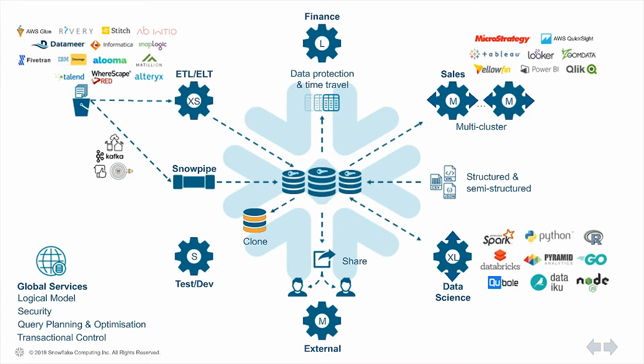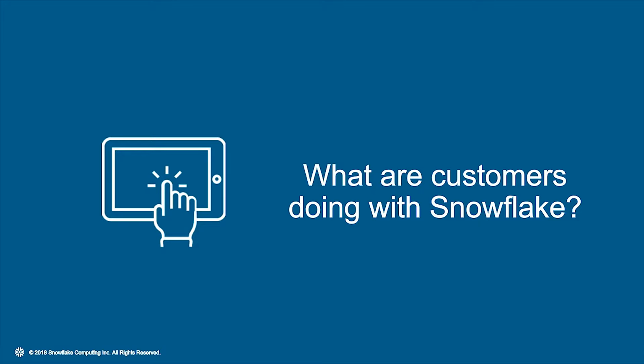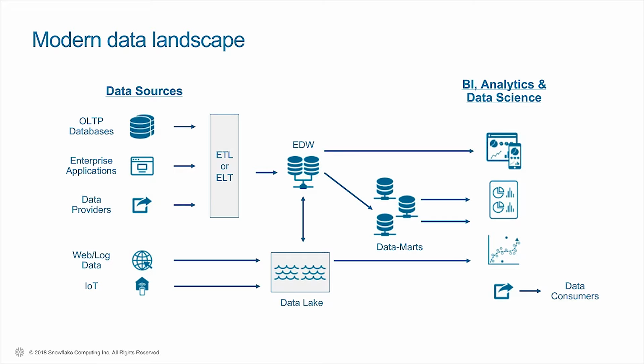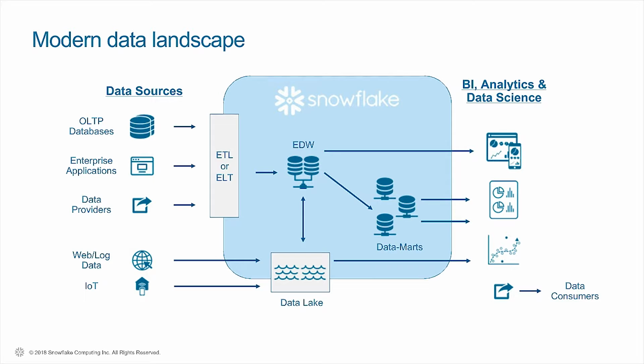So what are customers doing with Snowflake? Well, if you think about a traditional modern data landscape where you have data warehouse, data marts, and so on, because we are an analytic database, clearly that's our sweet spot. We're taking those workloads. But because we have this ability to store semi-structured data, because our storage is blob storage and it's very low cost and very, very large, we increasingly see customers that are using Snowflake to adopt some of these data lake workloads.